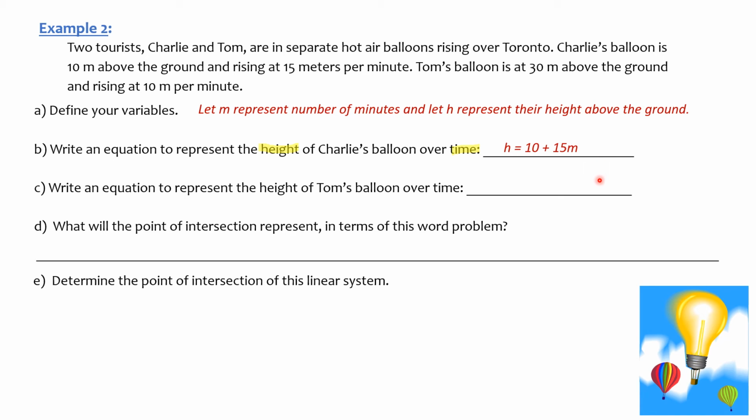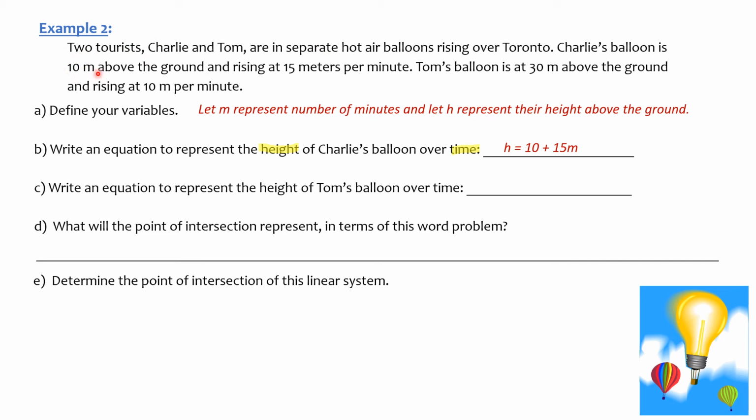And you can follow that pattern for the next one. Tom's is going to be the same format. The height of his balloon, so he's at 30 meters. This is the initial height. Say somebody is standing on the ground with a stopwatch and they're recording this. The moment they start, Tom is 30 meters above the ground in his balloon, and Charlie is 10 meters above the ground in his balloon.